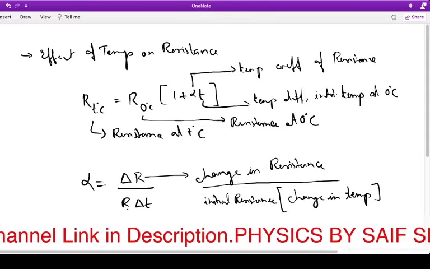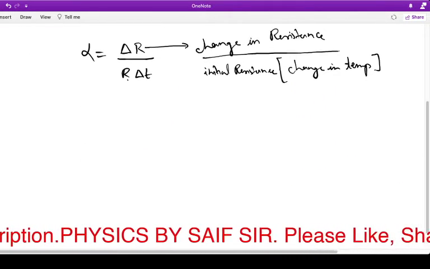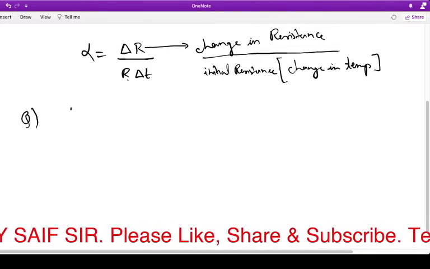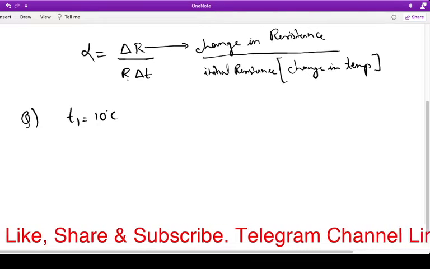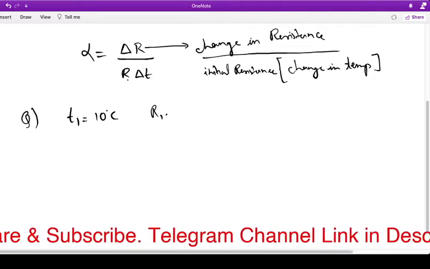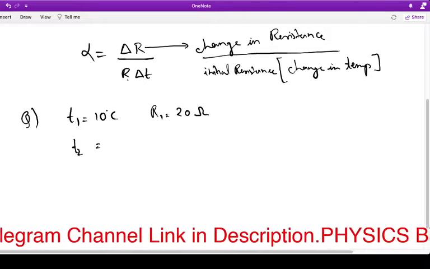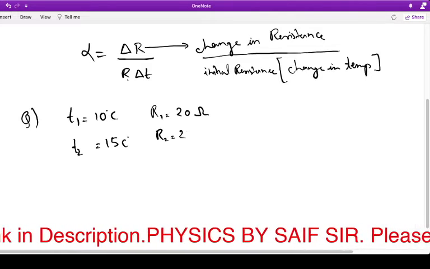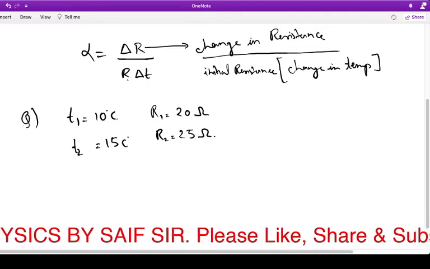Now with a basic example we are going to solve this problem. Say for T1, that is 10 degree centigrade, R1 is 20 ohm, and for T2, that is 15 degree centigrade, R2 is equal to 25 ohm. You have to find the temperature coefficient of resistance.